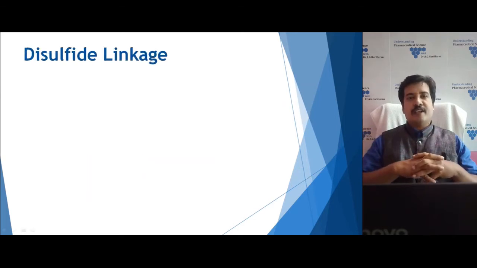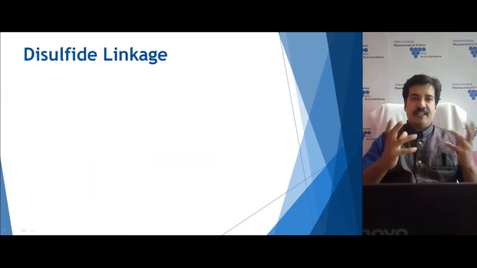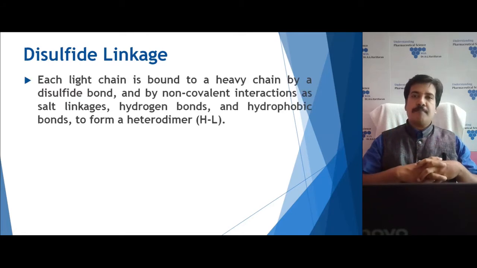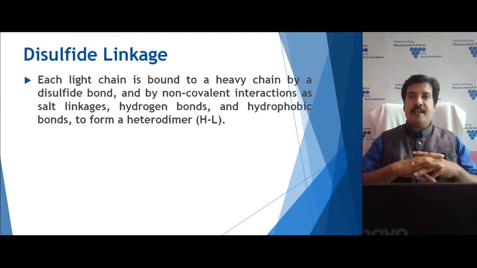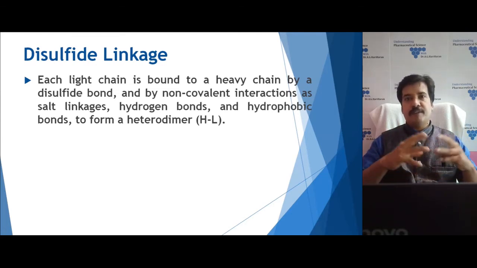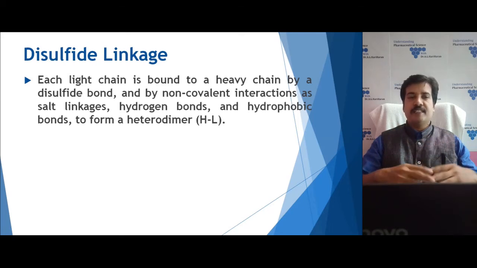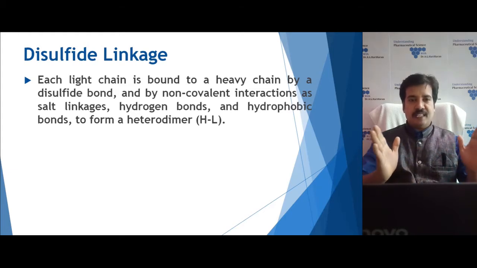These four chains are held together by disulfide linkages. It carries two types of disulfide linkage. One is intramolecular, that is within the same chain, and another is intermolecular, between the light chains and a heavy chain. If you see the disulfide linkage, each light chain is bound to a heavy chain by a disulfide bond.